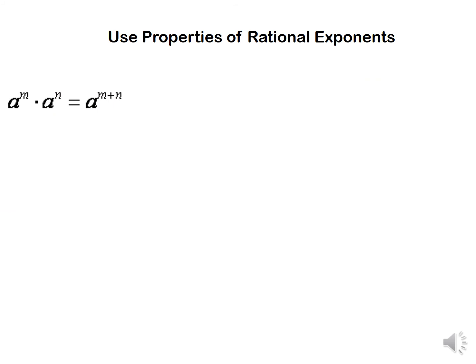This slide is to remind you that the properties of regular exponents apply to rational exponents. For example, this first one is showing you the product of two exponents with the same base, how you add the exponents. Well, if we had 3 to the 1/2 times 3 to the 1/2, we would add the exponents, and we would get 3 to the 4/2, or 2, which is 3 squared, 9.